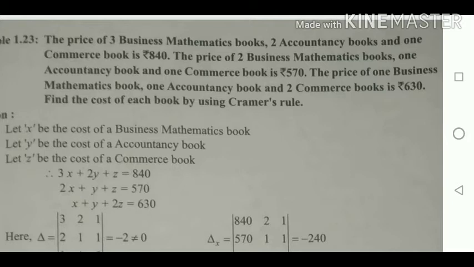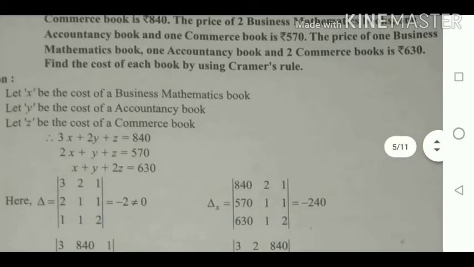Third equation, the price of 1 business mathematics book, that is x, 1 accountancy book plus y and 2 commerce books 2z equal to 630. So first we form the 3 equations by taking x, y, z as the cost of business mathematics, accountancy and commerce books respectively.